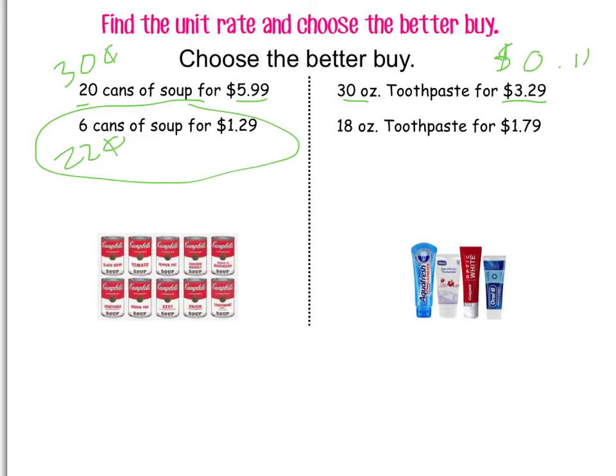And now I'm going to take $1.79 divided by 18. This time it says 0.09944444444. So I'm going to call that 10 cents, and I'm going to write that as money. Which one's cheaper, 10 cents or 11 cents? Again, it's the second deal at 10 cents.